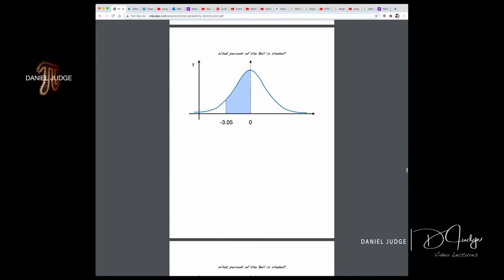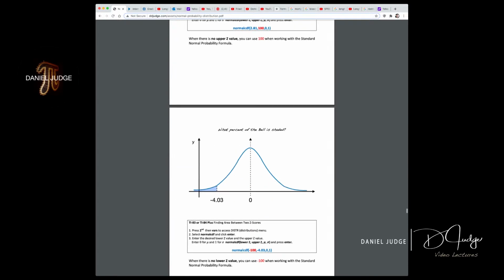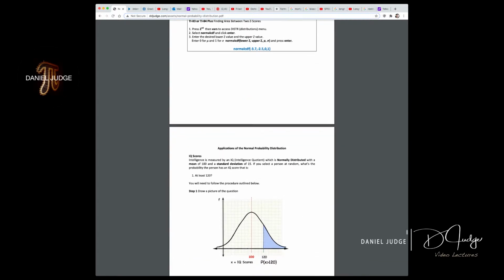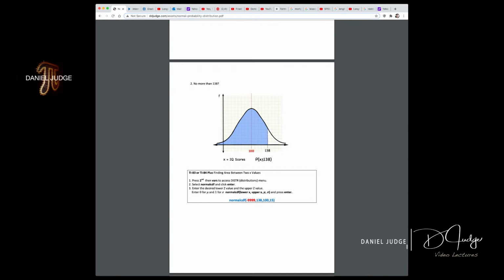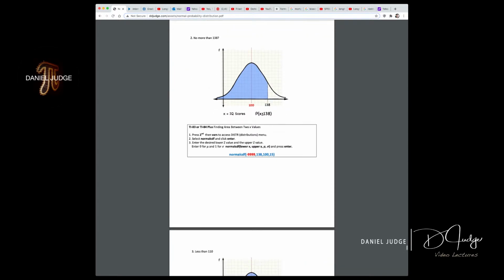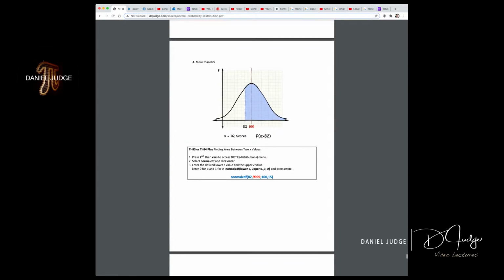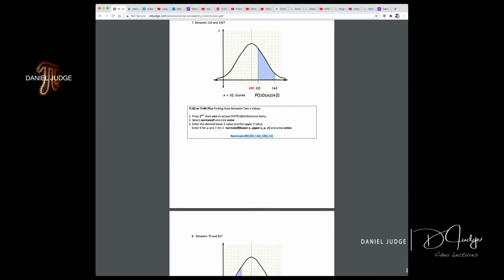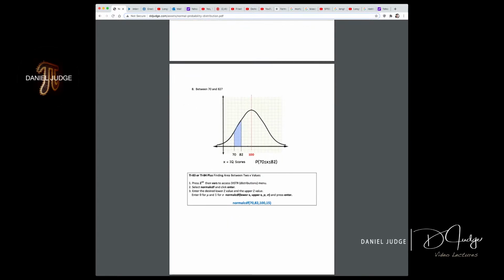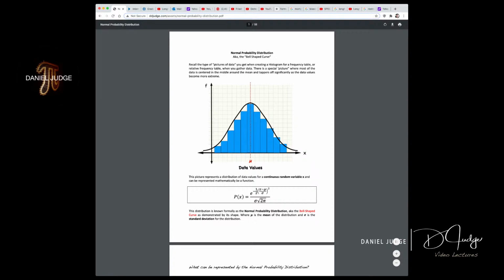So if you have to review this, what percent of the ballot is shaded game, then please do it. You also have the format for TI, by the way. So you have all these here. I went through some extra work here for this to show people. I went through an IQ situation, but I did the TI for people for the IQ scores. So I'm showing you what to enter for all these questions. You can try this out and get the answers yourself if you want to go the TI route. But it sounded like you guys actually like the tables because that's the answers I got.